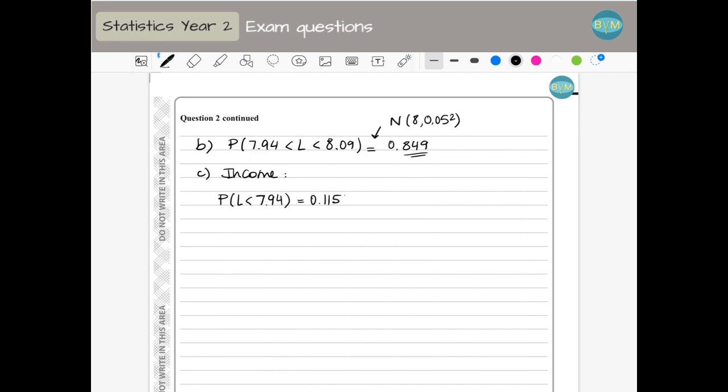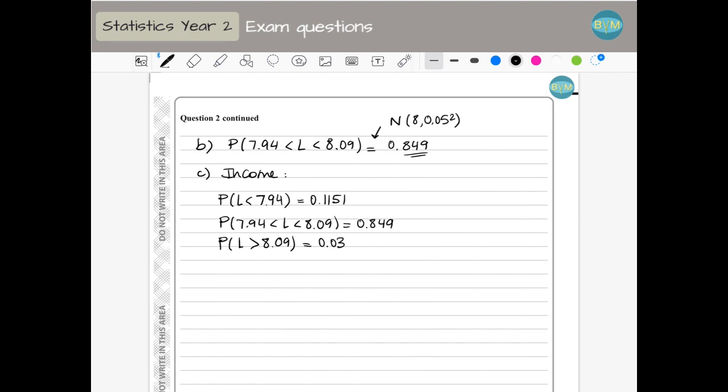Then the probability between 7.94 and 8.09 is the one that we found before, 0.849, and the probability of L greater than 8.09, again with the calculator, is going to be 0.03.